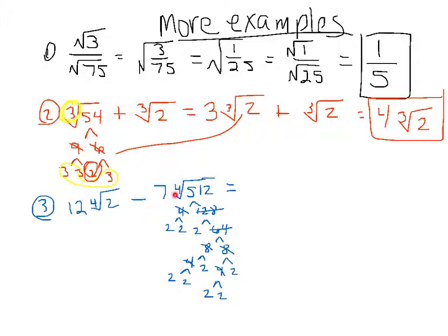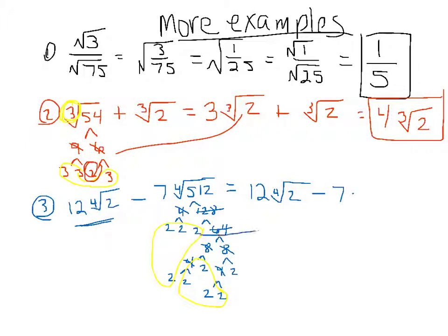Because my index is a 4, I'm looking for 4 of the same number. So if I look at this, I have 1, 2, 3, 4 2s right there. I have 1, 2, 3, 4 2s right there. And then I have 1, 2 left over. So as I do this problem, we still have this 12 fourth roots of 2, that's my original part, minus out front with my 7.